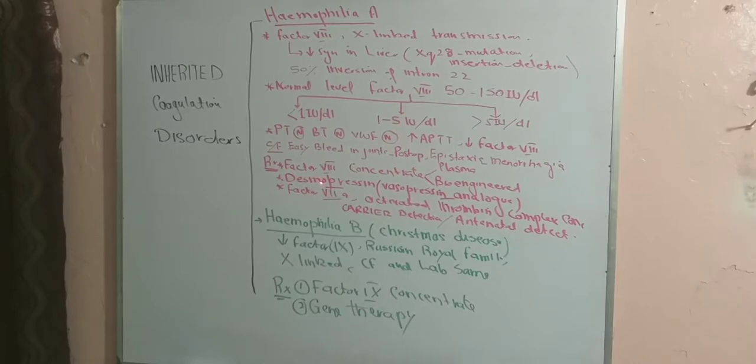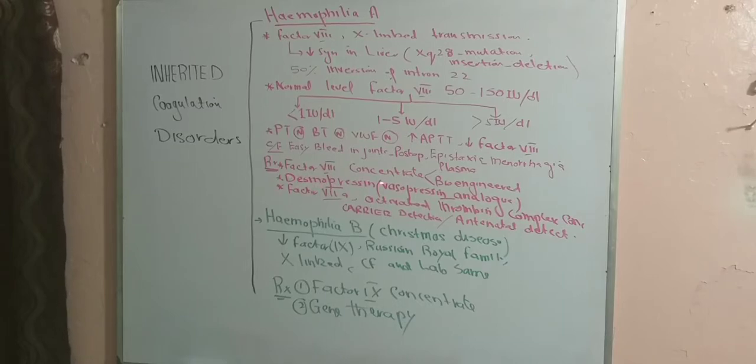Second option is desmopressin, which is a vasopressin analog, and it not only increases the synthesis of factor 8, it also increases the synthesis of von Willebrand factor from the endothelium. Desmopressin is available in intranasal, subcutaneous, and IV forms.